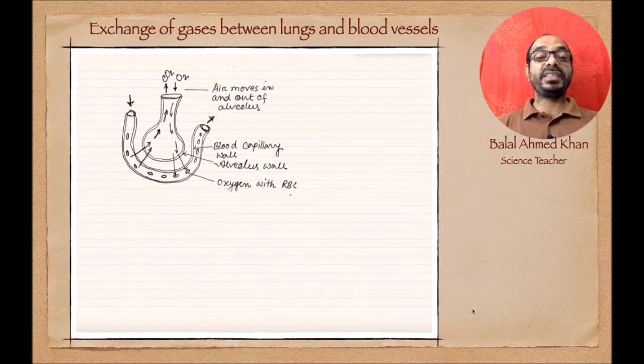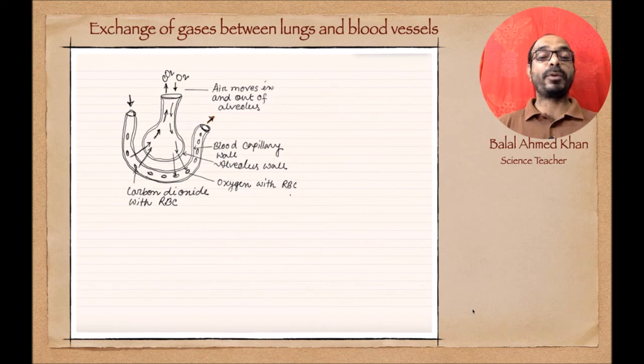Oxygen with RBC is known as oxyhemoglobin. It's an unstable bond formed with the help of RBC. Carbon dioxide with RBC is known as carboxyhemoglobin, also an unstable bond.